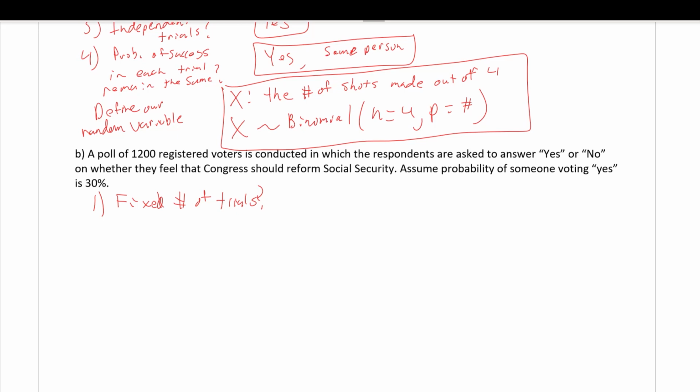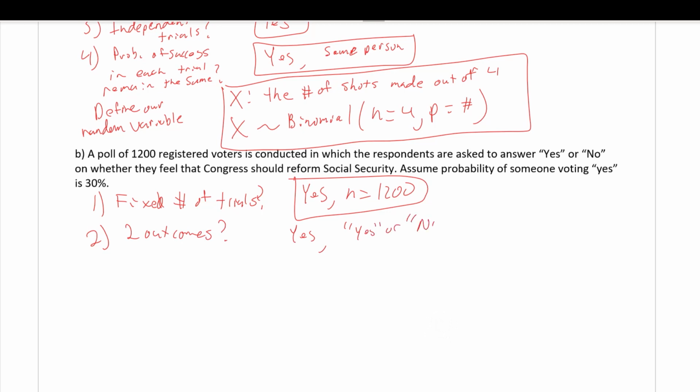Yes or no, right? And they go on to another person, yes or no, right? So each person is considered a trial. So I would say yes. N equals 1,200 in this case, okay? Do we have 2 outcomes per trial? Well, yeah. They could either respond yes or no to the question.